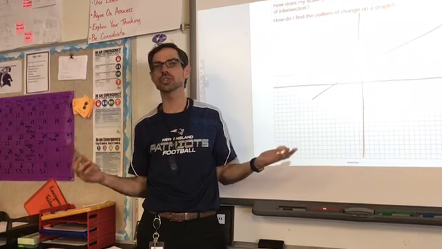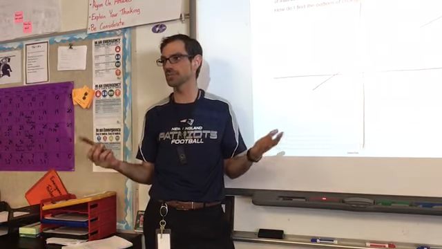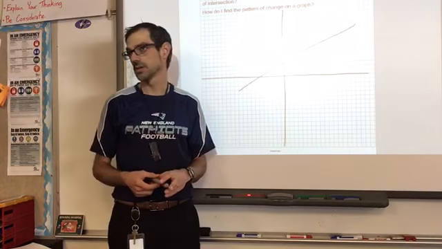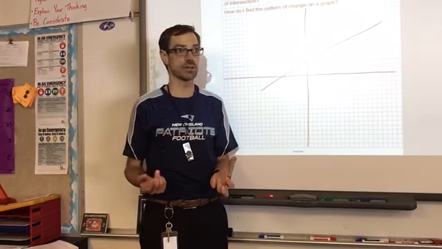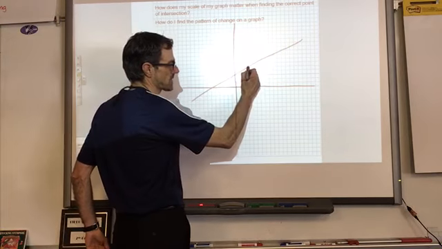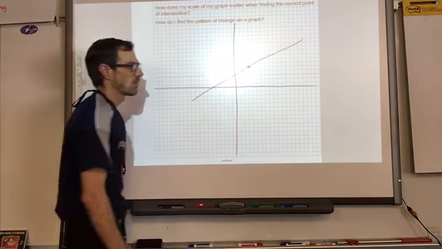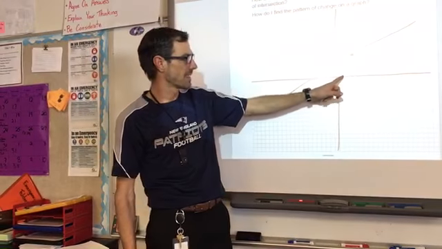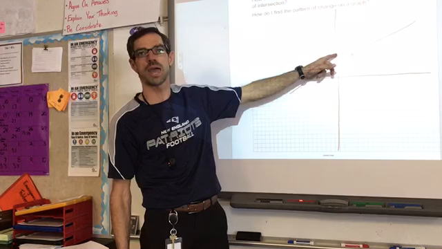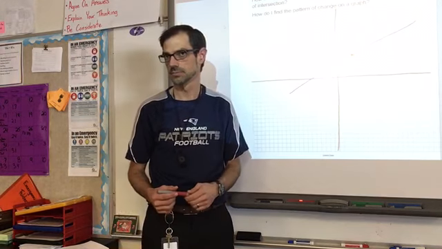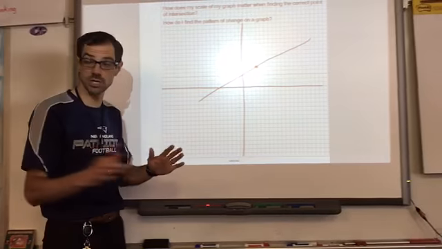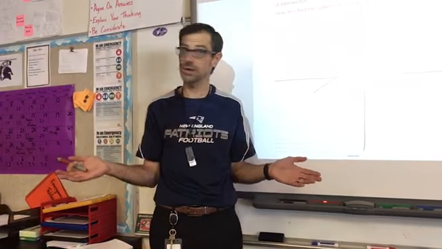So how do I determine the pattern of change in a graph? It's a lot harder and it's not as accurate. So one of the things that I'm going to do is I'm going to look for an intersection like right here, where it's right on the line for the x-axis and it's right on the line for the y-axis. I find those two numbers. Now your line's going to be different. So you're going to have to figure out what yours are.